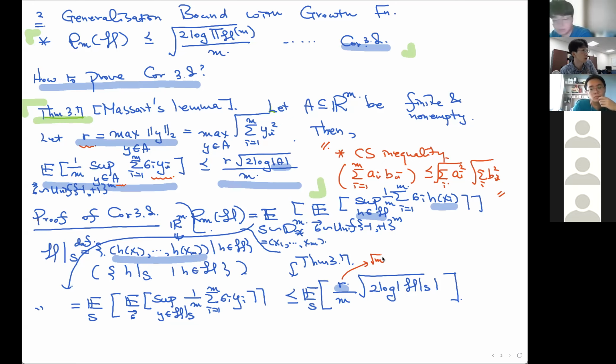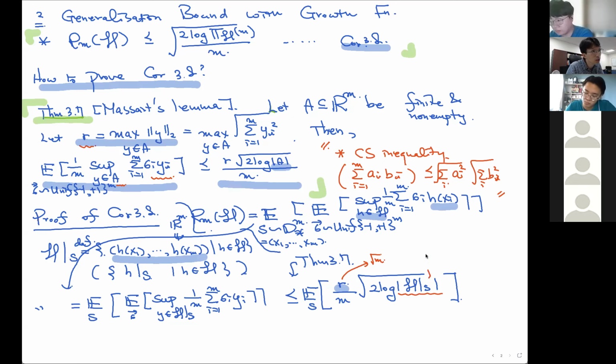And what can we say more? Now if you look at the size of this H restricted to S, that is also very similar to the growth function that we defined. The growth function is almost like the size of H restricted to S, but we are taking the maximum over all these x1 up to xm.